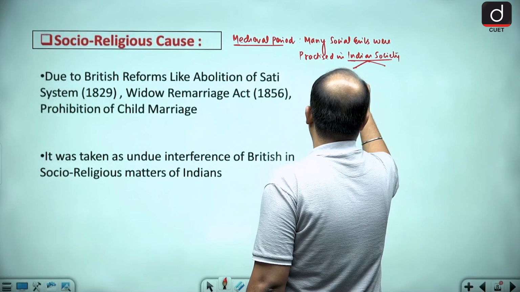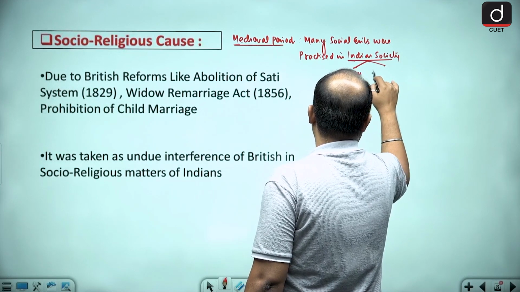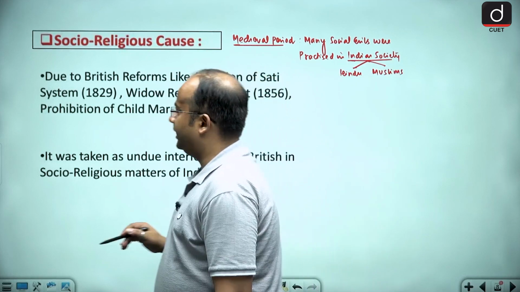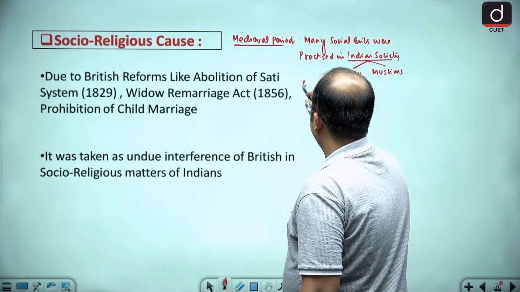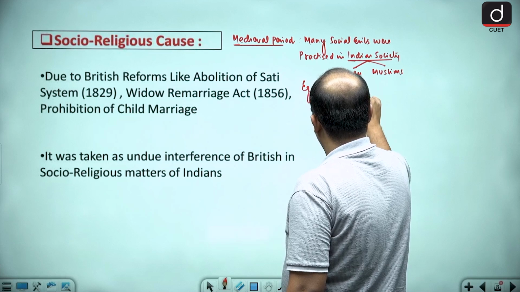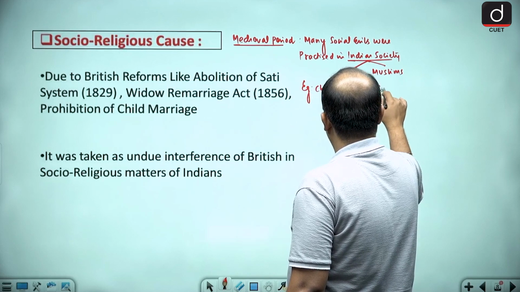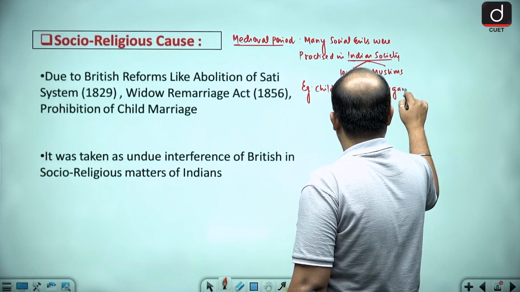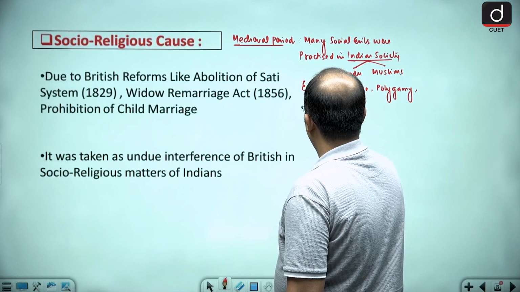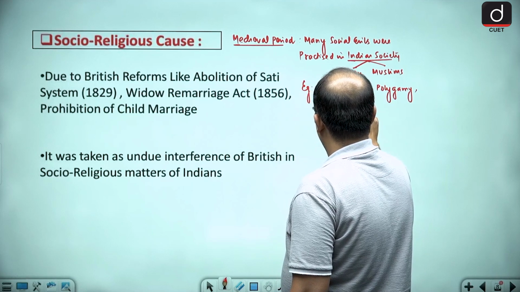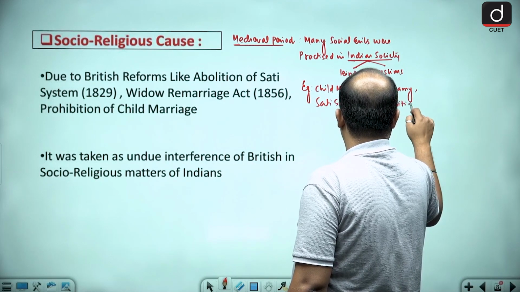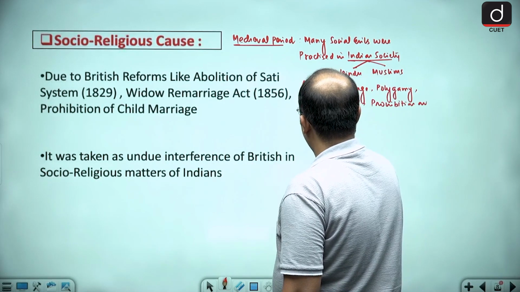Examples can be child marriage, polygamy, that is keeping more than one wife, the sati system, and prohibition on widow remarriage.